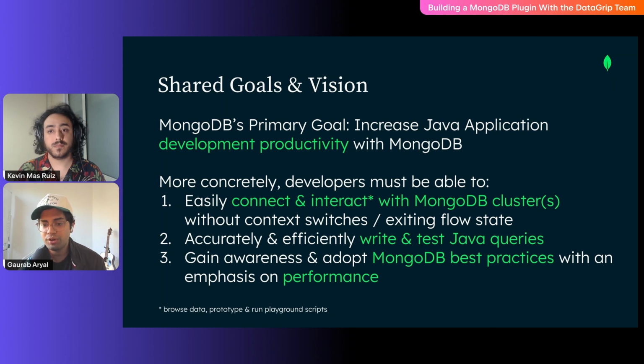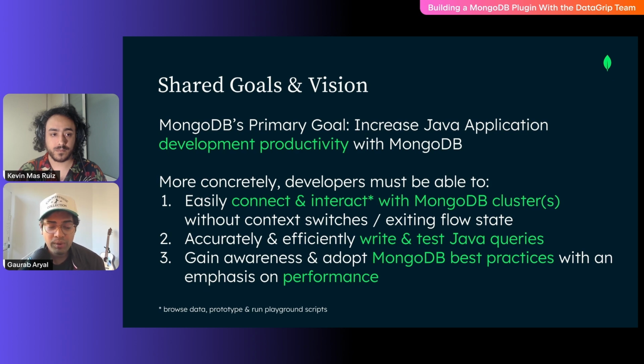As a Java developer, you're writing a lot of MongoDB queries, and we wanted you to be able to efficiently test that out and make sure that the queries you're writing are getting the results that you wanted. And then the final thing was being able to surface best practices where developers are actively writing code. Typically, when we think about best practices, we think about documentation or going onto some website or reading a long manual to understand how to efficiently use a piece of technology.